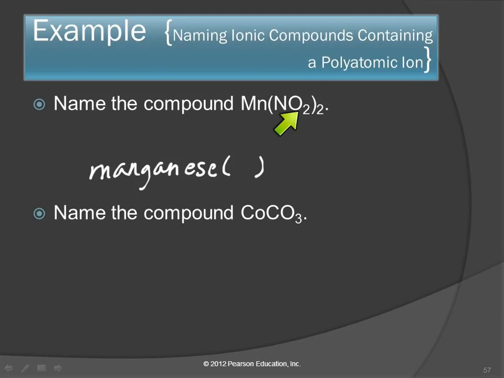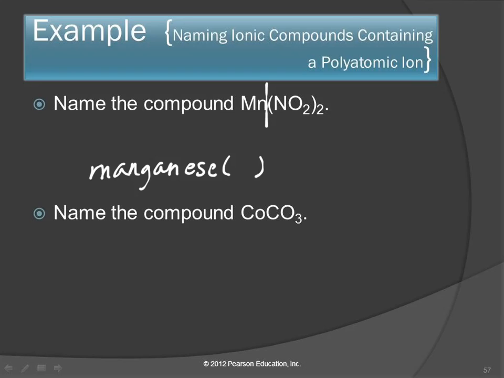And then I look at what's left. Sometimes students get creative and try to tell me this is manganese nitrogen oxide. That's 3. There are 2 ions, a positive ion and a negative ion, so there's a split there. The metal is by itself, everything else is together.